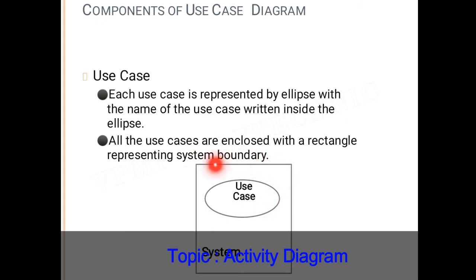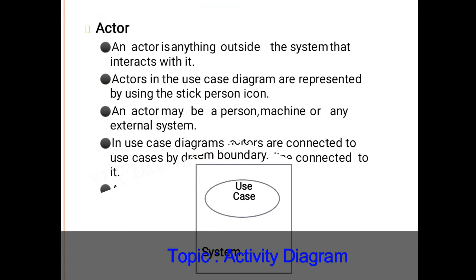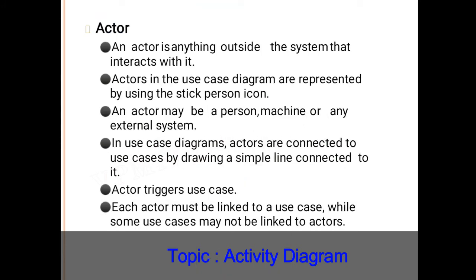This symbol is used for our use cases, and this rectangle is used for the boundary of the system. Each use case is represented by an ellipse, with the name of the use case written inside the ellipse, and all the use cases are enclosed within a rectangle representing the system boundary. So these are all the symbols used in a use case diagram with their descriptions.